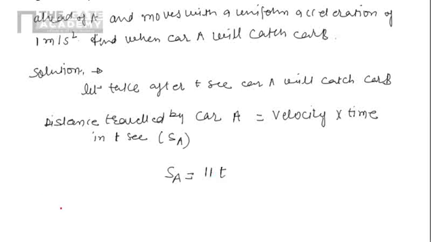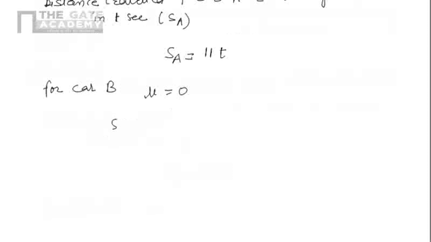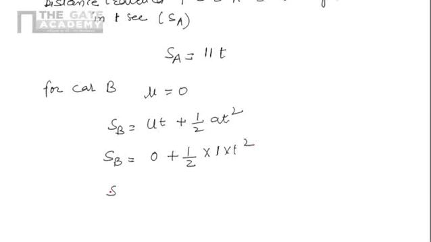Similarly, for car B, initial velocity is 0, so SB equals ut plus 1 by 2 at square, because it is moving with uniform acceleration. So we can apply the equations of motion with uniform acceleration. For car B, 0 plus 1 by 2 into 1 into t square. So SB will be 1 by 2 t square.